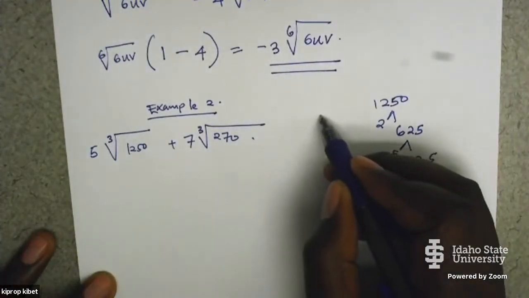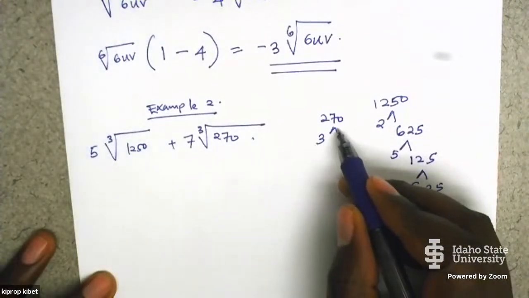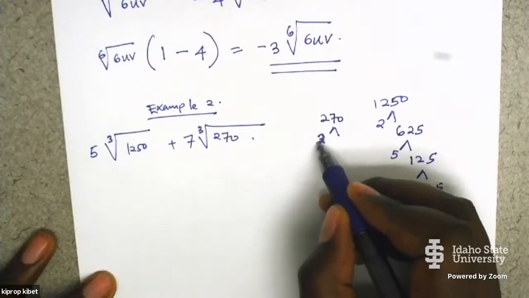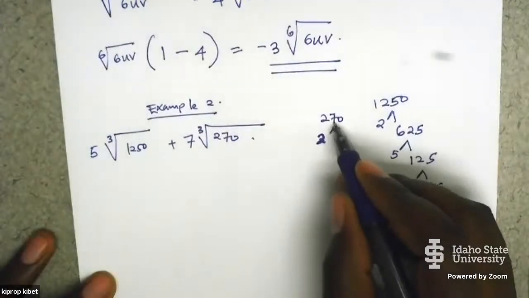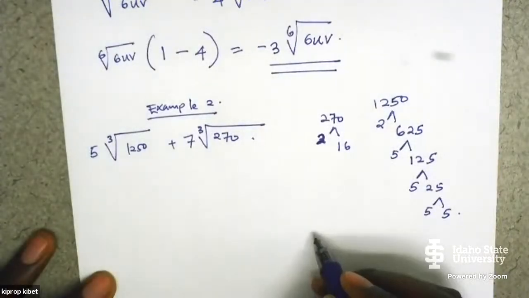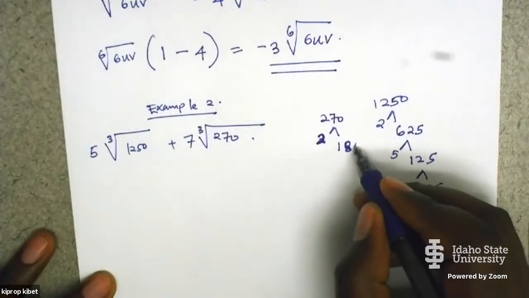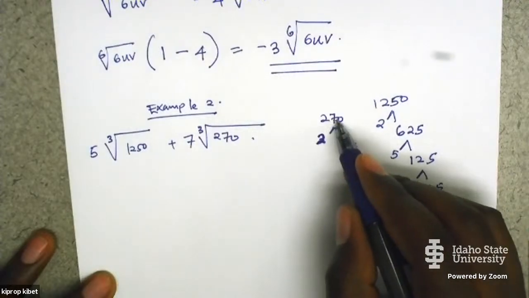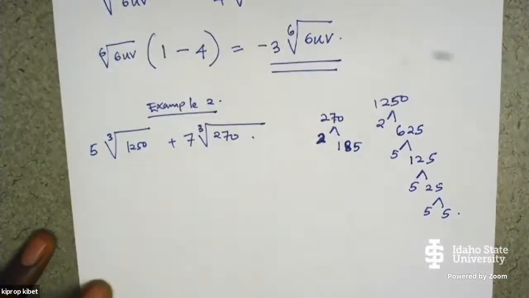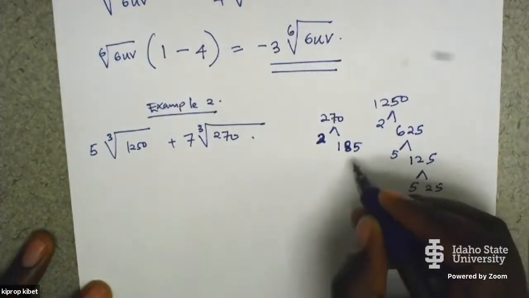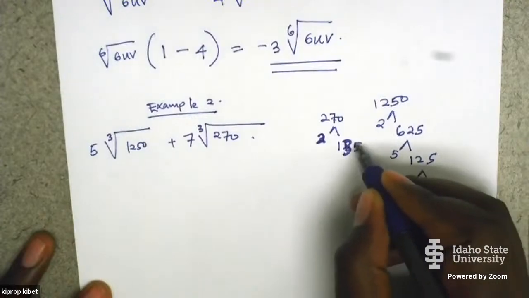Now, the factors of 270 are what? If we start with 2, you get 135.